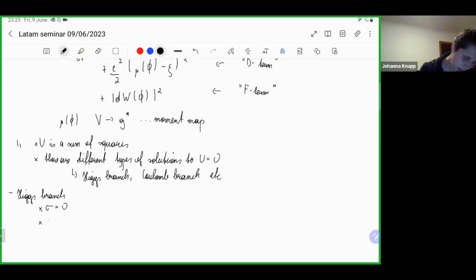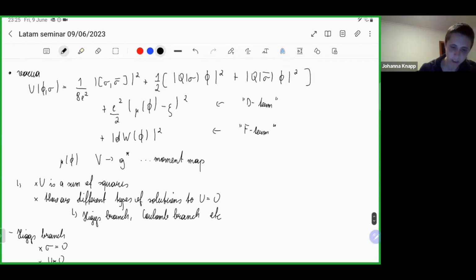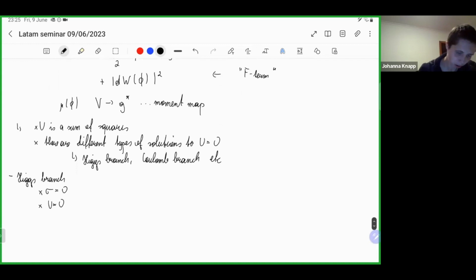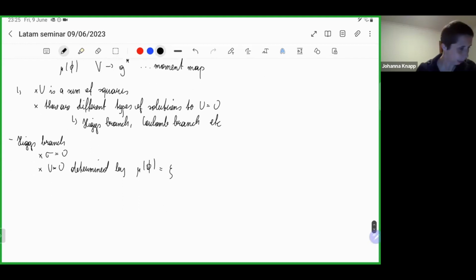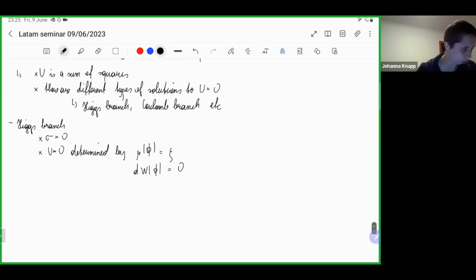And then U equals 0 is determined by setting the last 2 terms to 0. U equals 0 is determined by mu of phi equals theta. Remember that there can be many phis and many thetas, so this is not the one variable thing. Finding the critical locus of our potential. And the first one is called a D term, and the second one is called an F term.